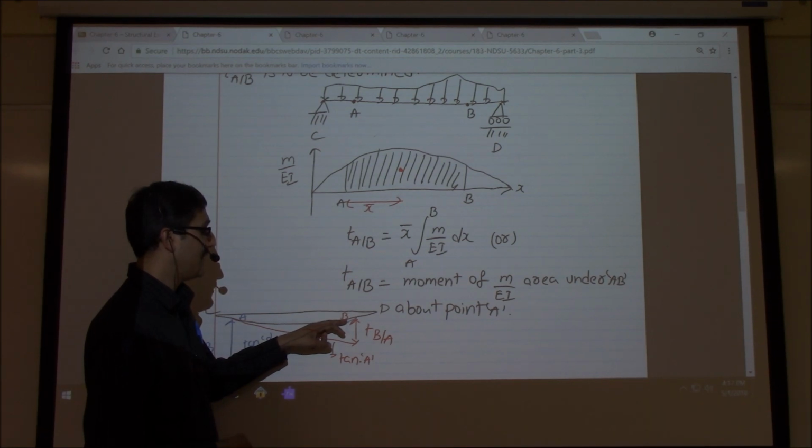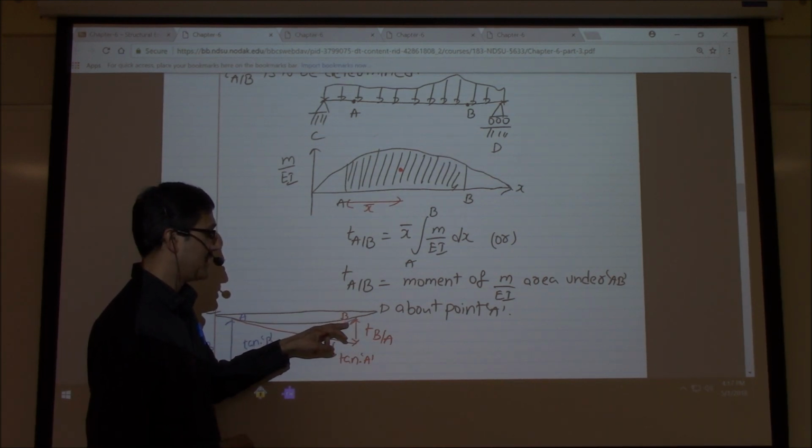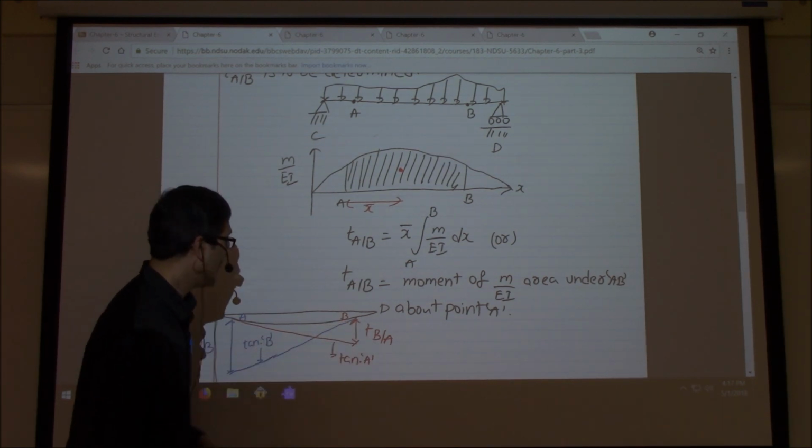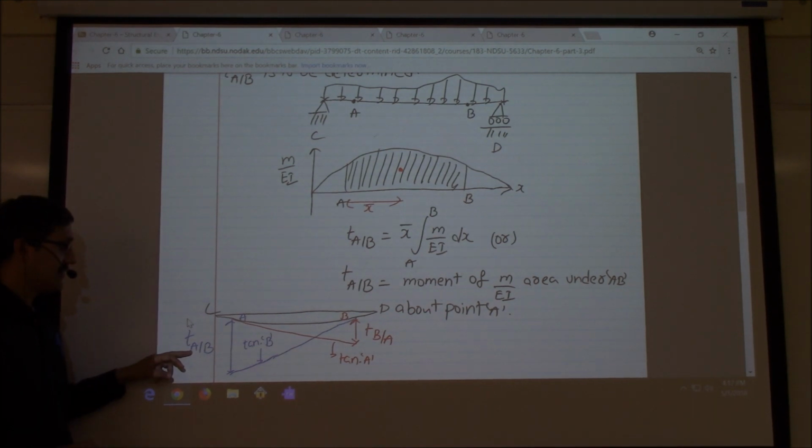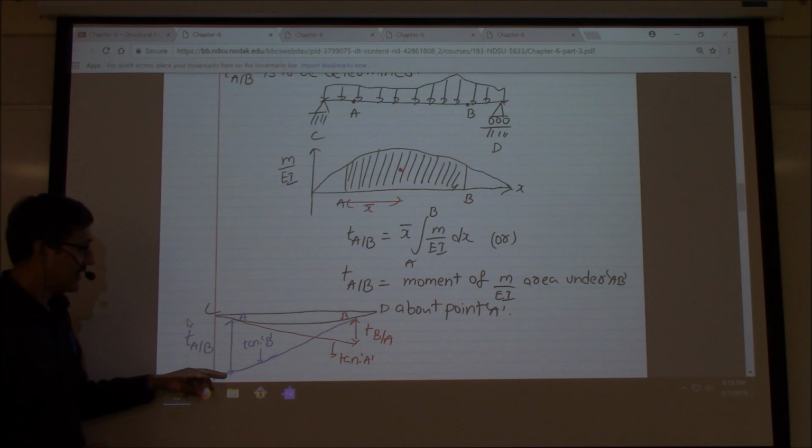That means if you are looking at the point B and trying to evaluate the deviation of this point B, that will be the point of interest and that should appear first. So here the point of interest is A because you are trying to see the deviation of the point A with respect to the tangent that is passing through B.